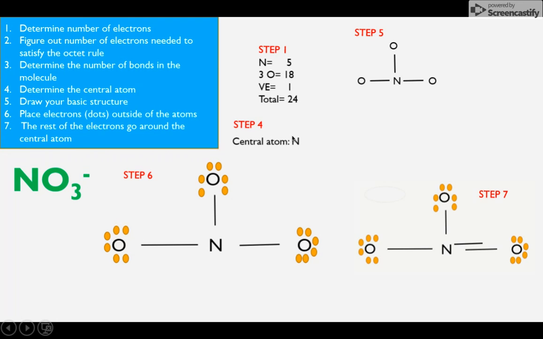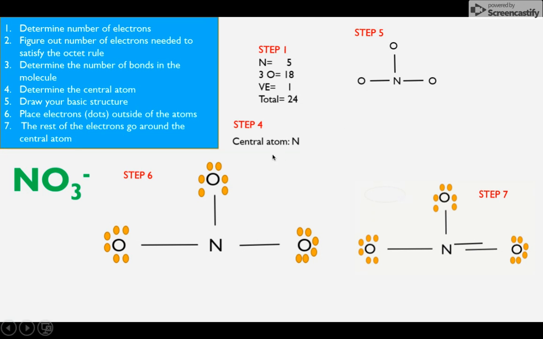It was N, nitrogen. And then here is our basic structure. So now that we have our structure, we're going to put our electrons around our atom, and hopefully we would have set up our structure correct so that we didn't have to try again.